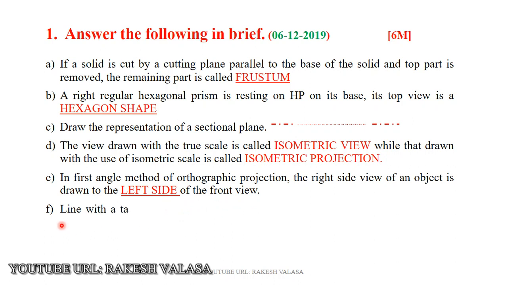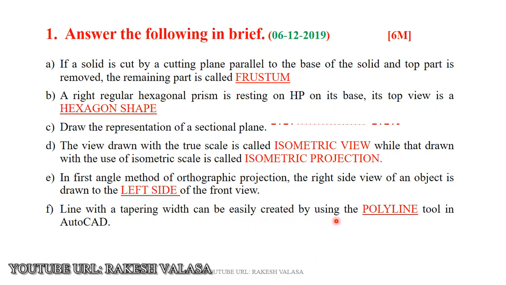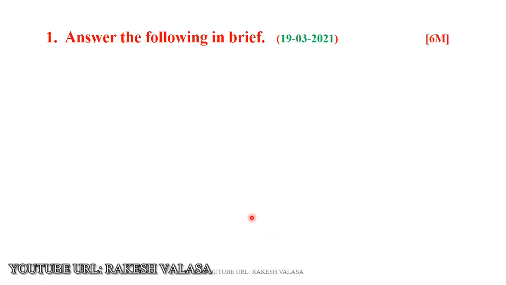Question number F. A line with a tapering width can be easily created by using the polyline tool in AutoCAD software. Okay, move to the next paper that was conducted in 2021.